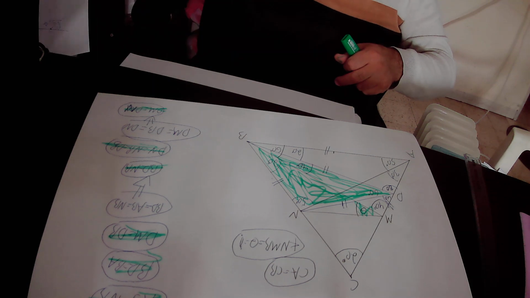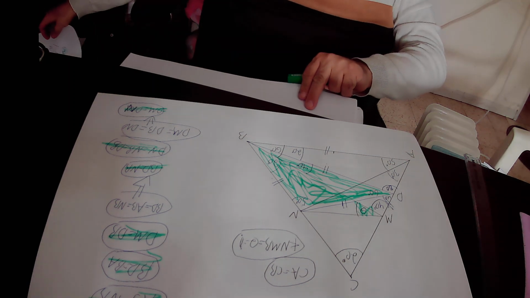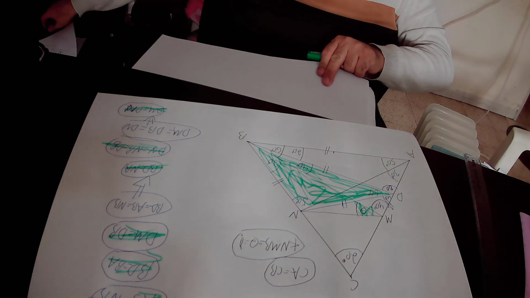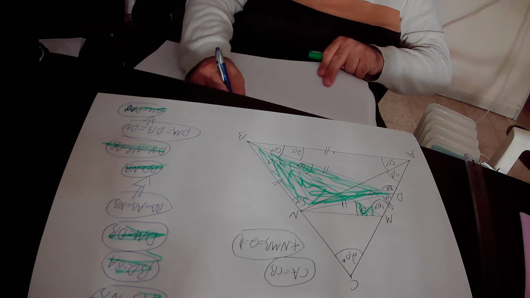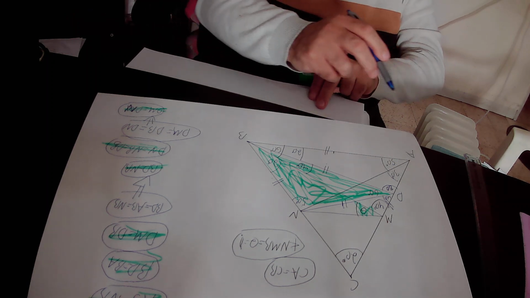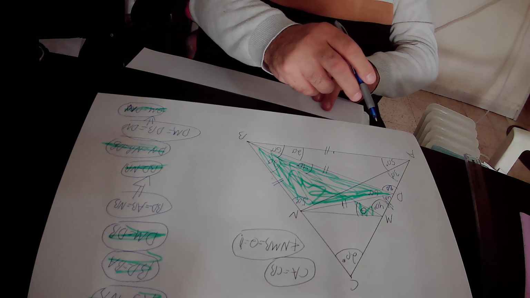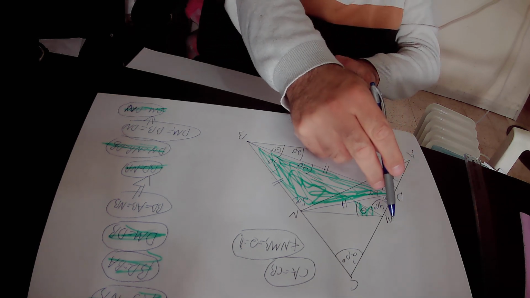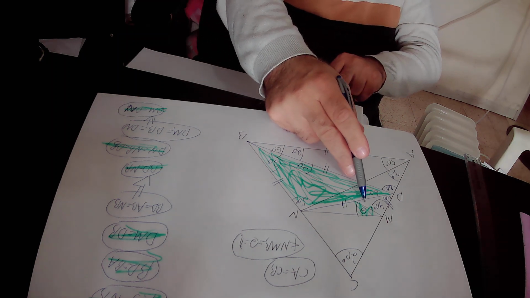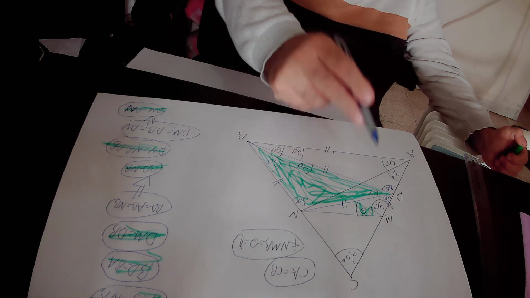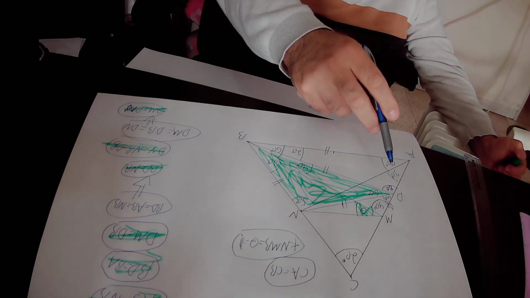This is angle DMN that is equal to 70 degrees in its size. This is angle theta that we calculated here.